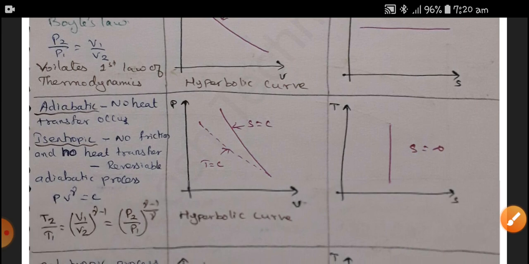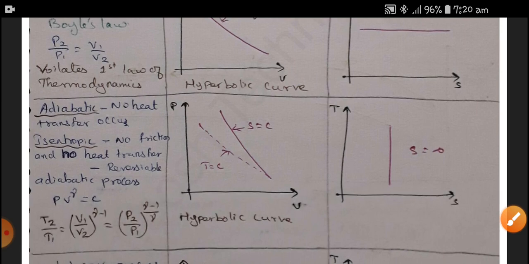And for the adiabatic process, no heat transfer occurs. In an isentropic process, there is no friction and no heat transfer. The isentropic process is a reversible adiabatic process.